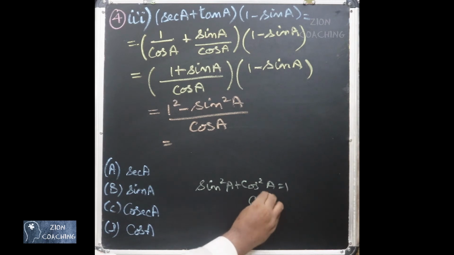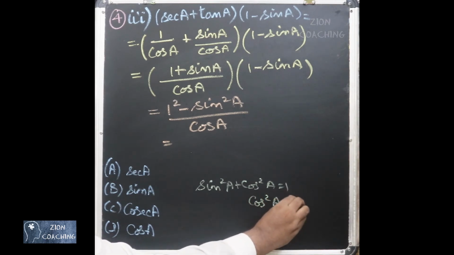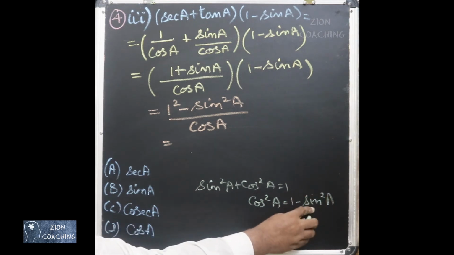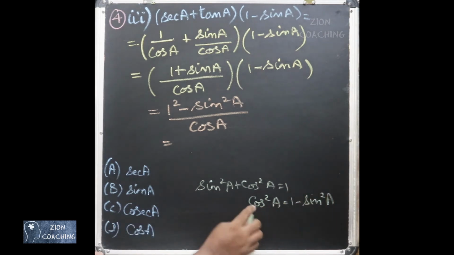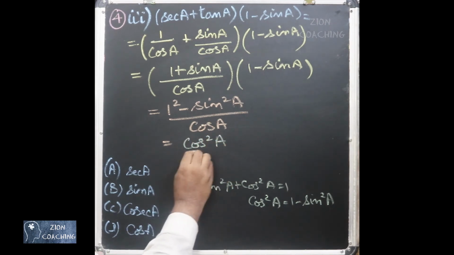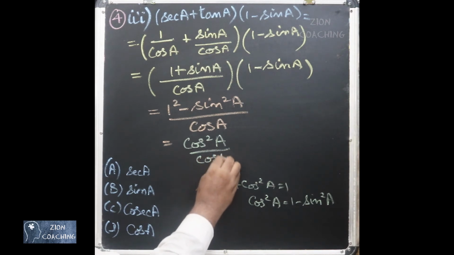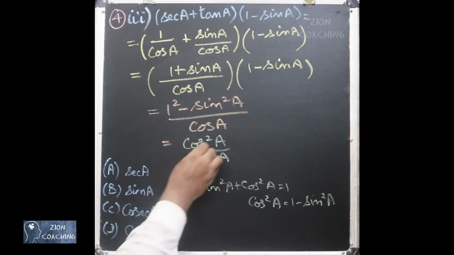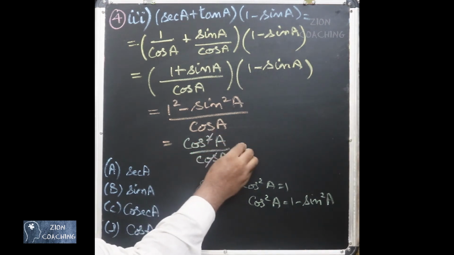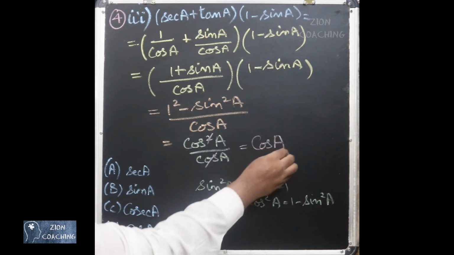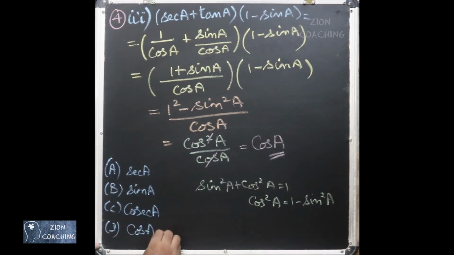Cos squared A will be equal to 1 minus sin squared A. Now instead of 1 minus sin squared A, we can replace it with cos squared A. So we are going to have cos squared A by cos A. Cos squared A is nothing but cos A into cos A. So one cos A can be cancelled. What is remaining is cos A. So cos A is the final answer. Option D is the correct option.